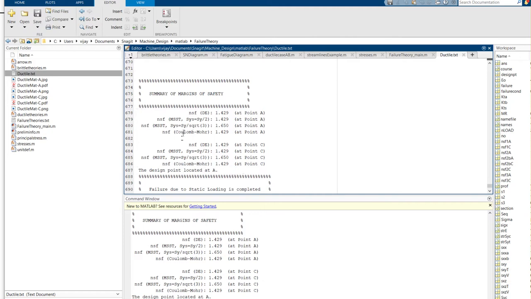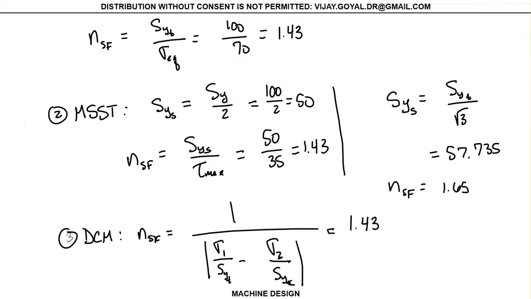Okay, so this tells you what the values are, and this is the theory that we typically use, and it's very popular, and the one that we all want to use in this course. So we are going to solve now the second problem.